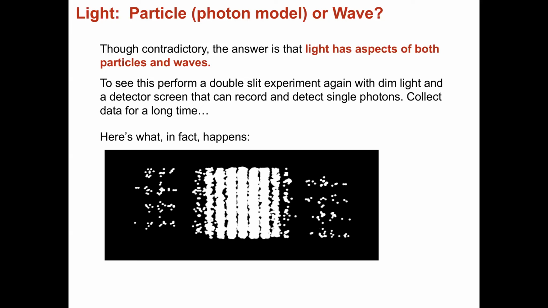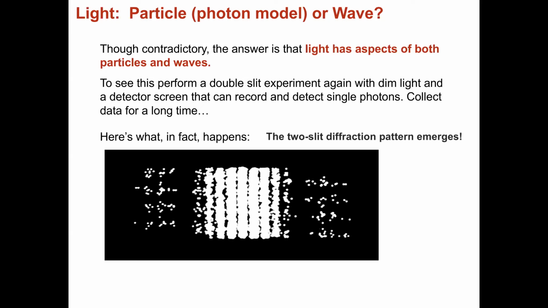So even though the energy from the light wave is absorbed in these localized spots and discrete chunks, each of those little chunks of energy carries with it all of the wave properties. Somehow light is both a wave, but its energy is also absorbed as if it was a particle, something localized in space, which is contradictory and weird, but we have to go with the experimental facts here.